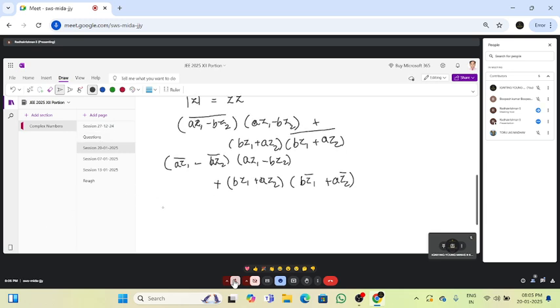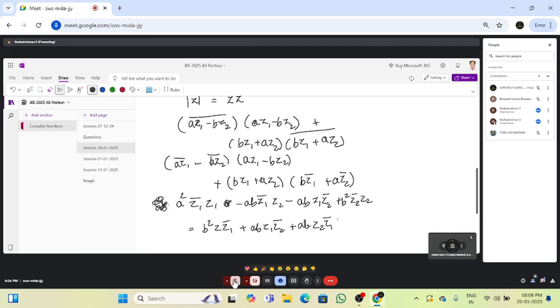So you get A square Z1. The first multiplication is A square Z1 mod Z1, minus AB, minus AB, plus, and on the right side, okay.